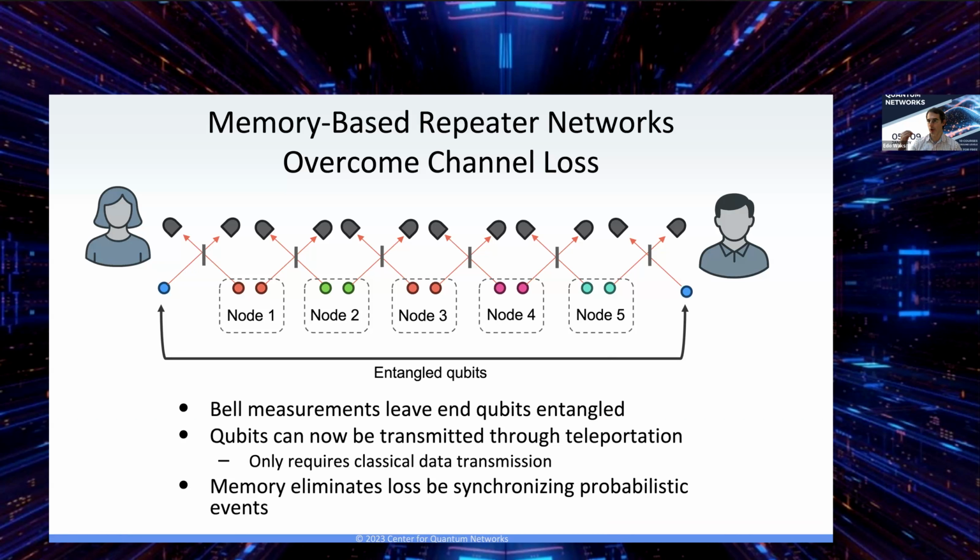And the nice thing about only having to use classical communication is I can now use bright laser beams and optical amplifiers and intermediate classical repeater stations and intermediate nodes in order to transmit that information. I no longer suffer that exponential loss across the fiber. And so this is a pretty amazing outcome because it says that memory allows you to eliminate the loss in the channel.